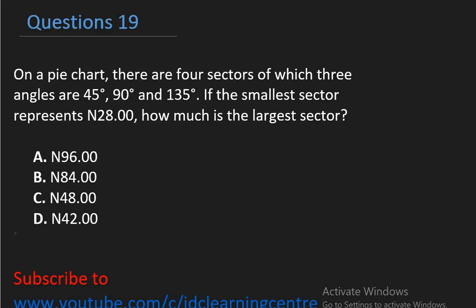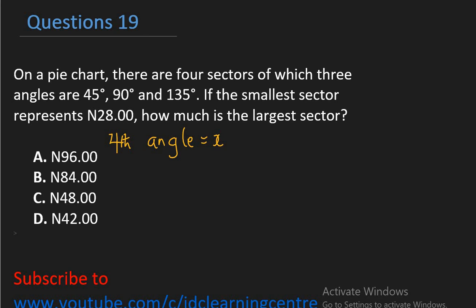Question 19. On a pie chart, there are 4 sectors of which 3 angles are 45 degrees, 90 degrees, and 135 degrees. They didn't give us the 4th angle, so let the 4th angle be X. Remember, the total sum of angles is always 360 degrees.